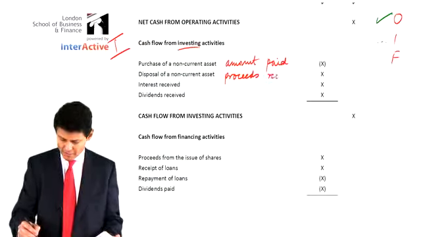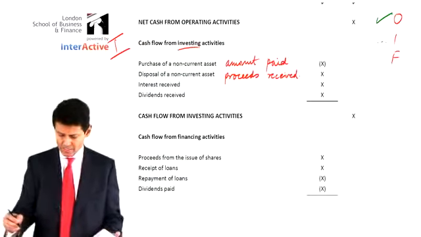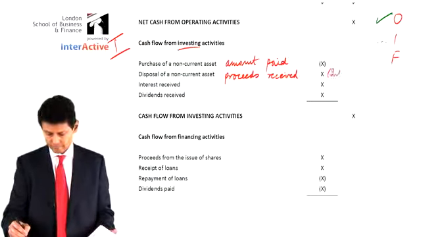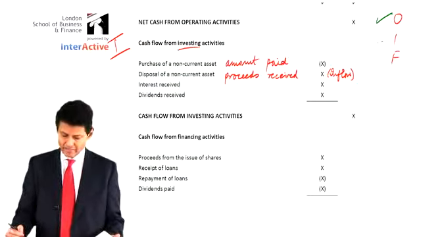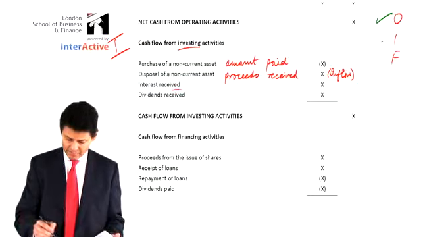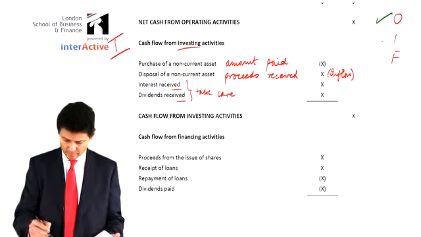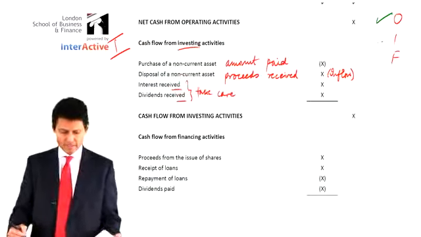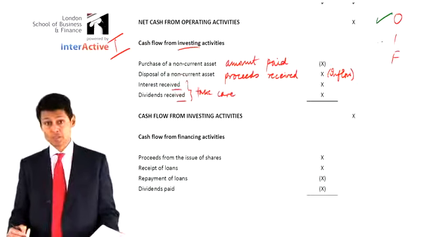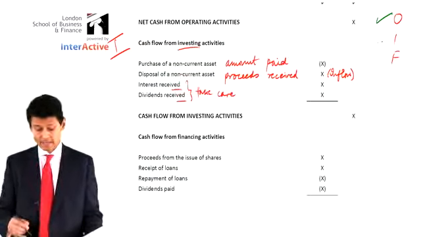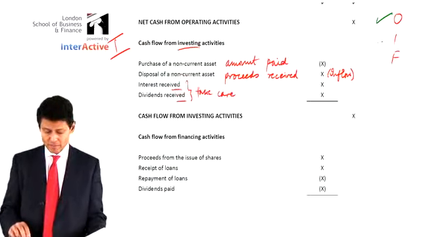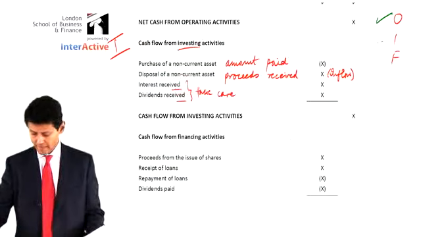The proceeds received, which obviously is an inflow. The interest received and the dividend received. Be careful of these words received. The dividend received, the interest received, it mustn't be receivable, it's a receipt. That is to say, after any adjustments. How much was actually received as an inflow? Careful of that.